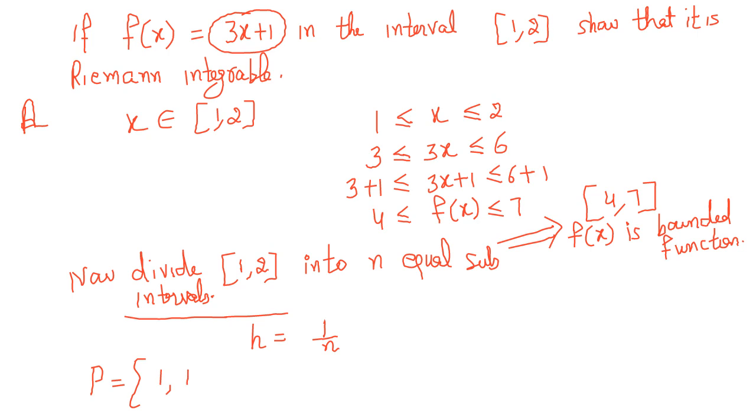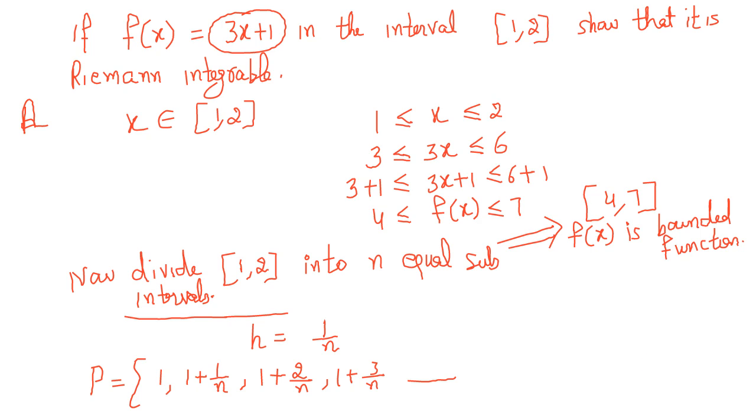It is better to take 1 plus 1 by n. Then next is 1 plus 2 by n. Then 1 plus 3 by n. So on up to 1 plus n by n.